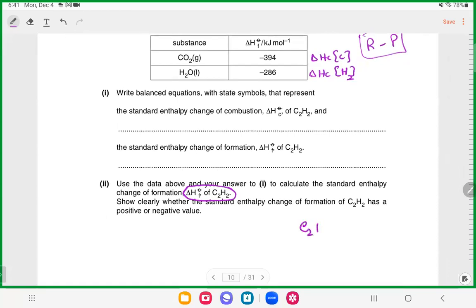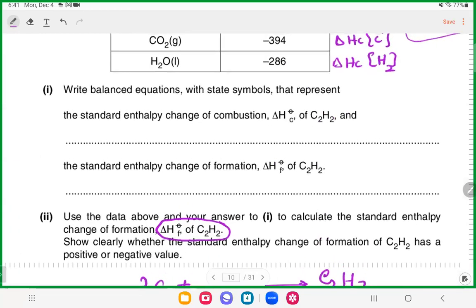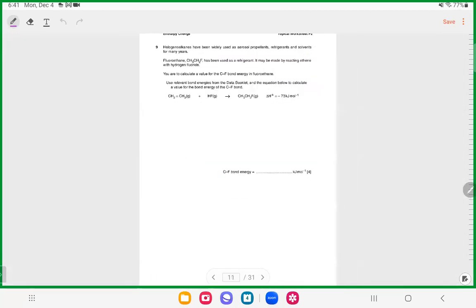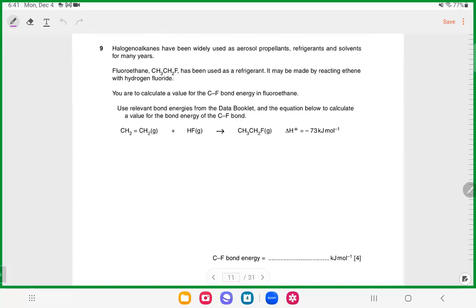You have to write down the equation of C2H2. हाँ, 2 carbon, sorry, 2 carbon plus hydrogen. ठीक है, so ये equation आपको खुद से बनानी पड़ेगी and then you have to apply either the reactant minus product or product minus reactant, whatever it is. Clear? ये दोनों equations लिख लेंगे ना आराम से, combustion of C2H2 and the formation of C2H2. ठीक है जी, and this one is easier.